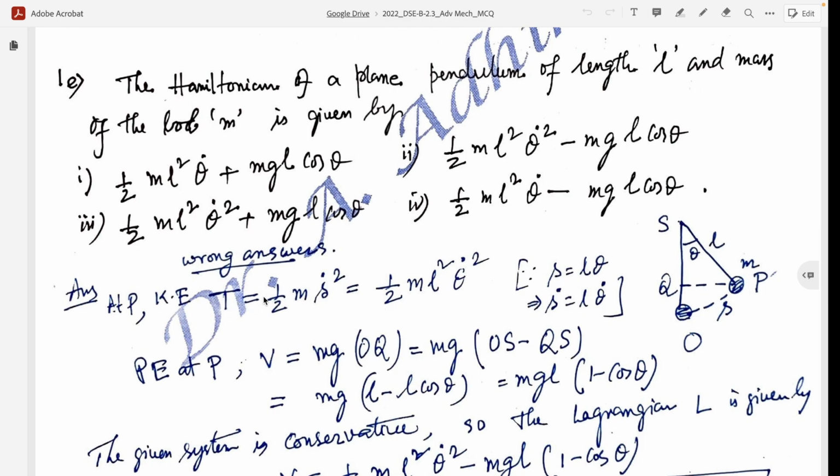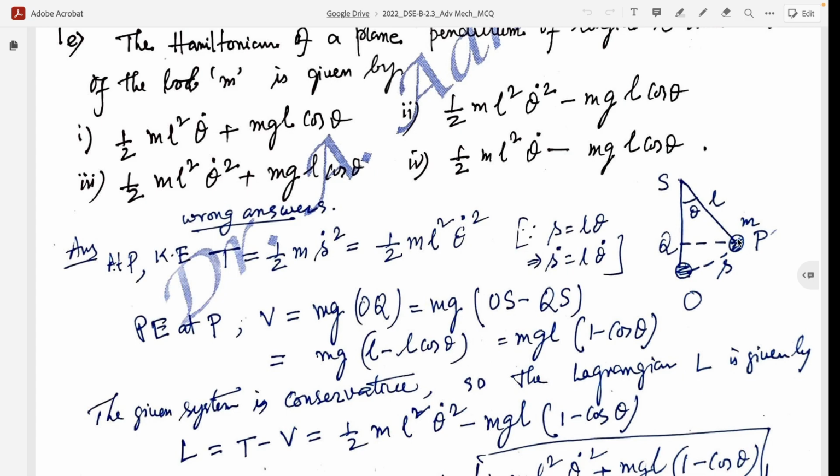So kinetic energy T at any arbitrary point P is half of m s dot square. s is the arc length OP, so s equals L θ, so s dot equals L θ dot. So T is half of m L square θ dot square.